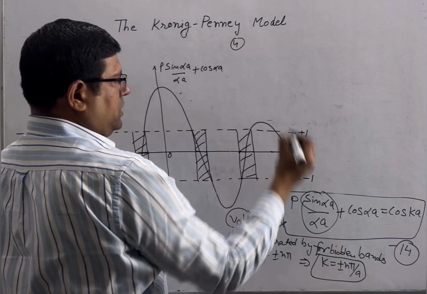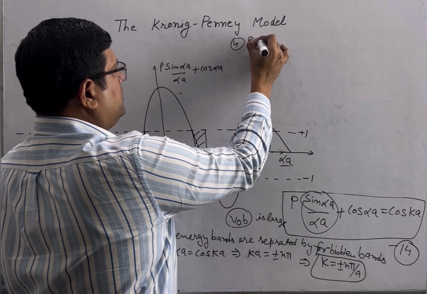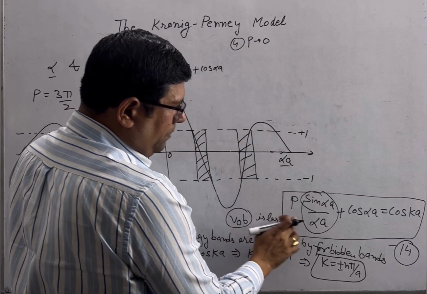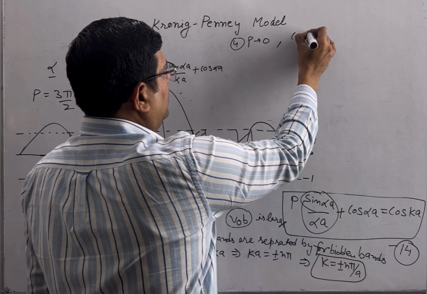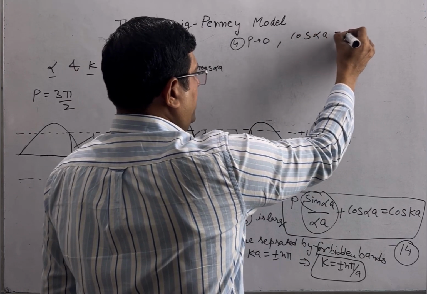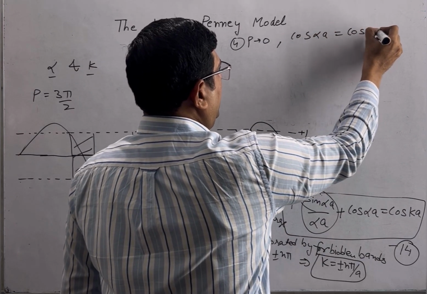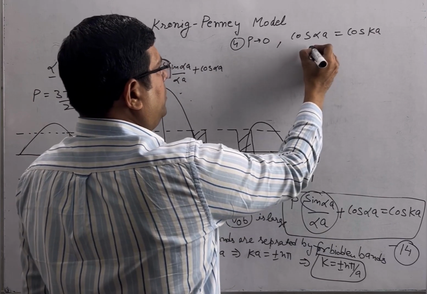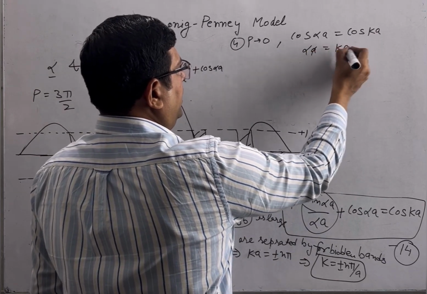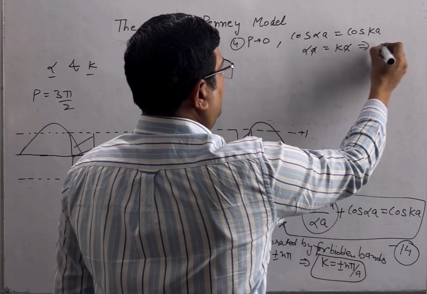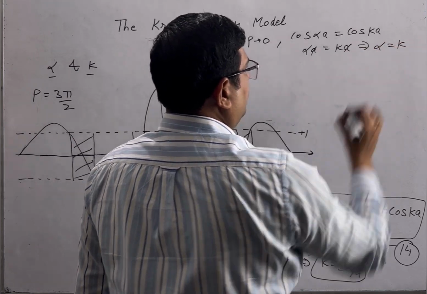Fourth point of conclusion is P approaches 0. From this equation, when P approaches 0, then cos alpha a should be equal to cos ka. Okay, from here alpha a equal to ka and alpha equal to k.